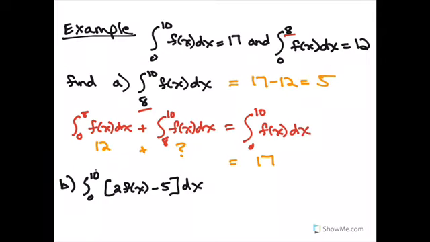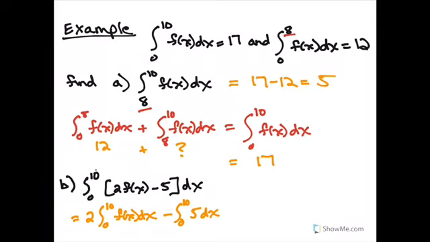All right, what if I asked you to find the integral from 0 to 10 of 2 times my function minus 5? Well, that constant multiple property tells me that this would be 2 times the integral from 0 to 10 of f of x, and then minus 5, we can write it as a separate integral from 0 to 10.